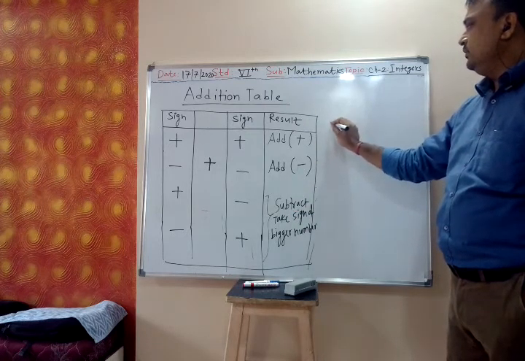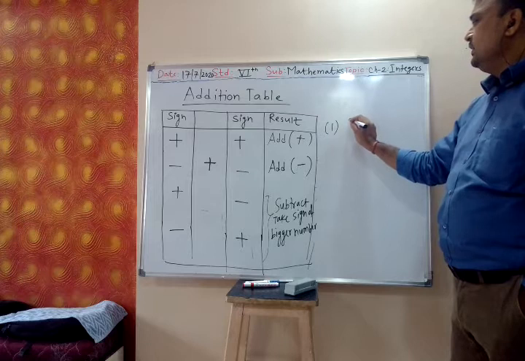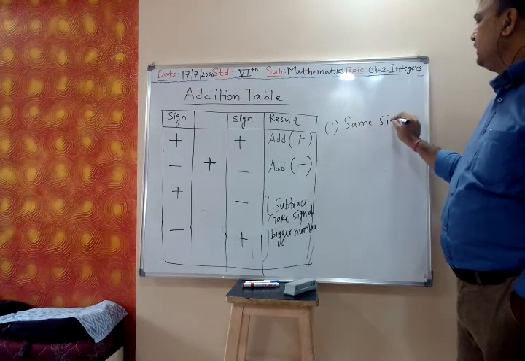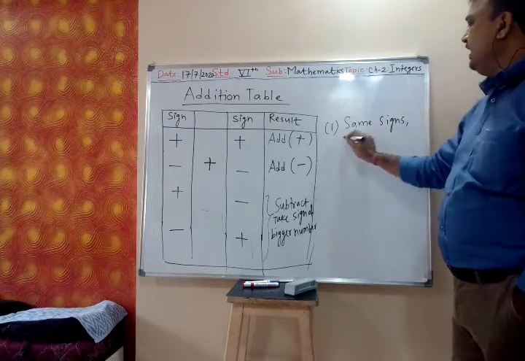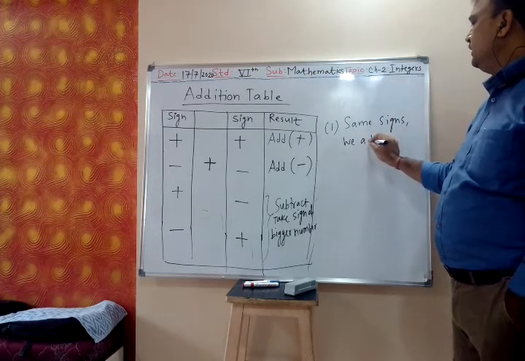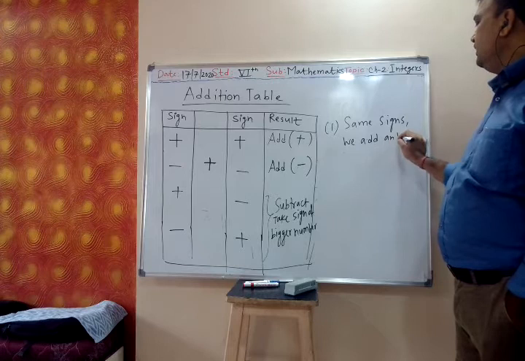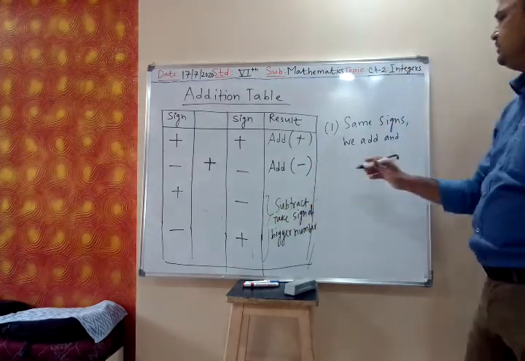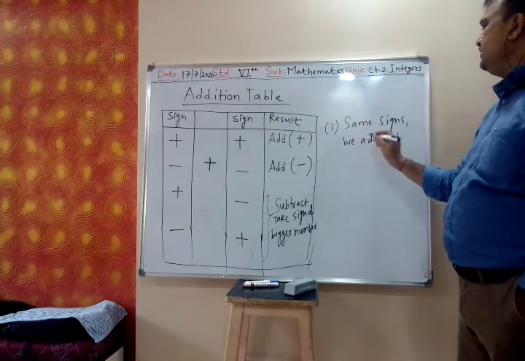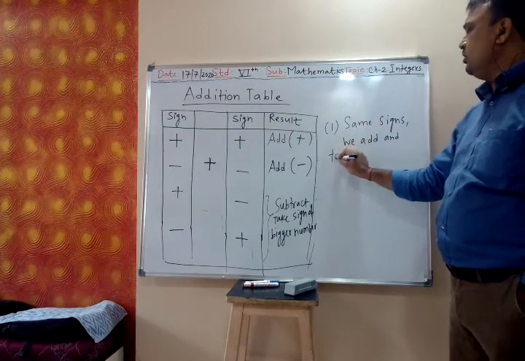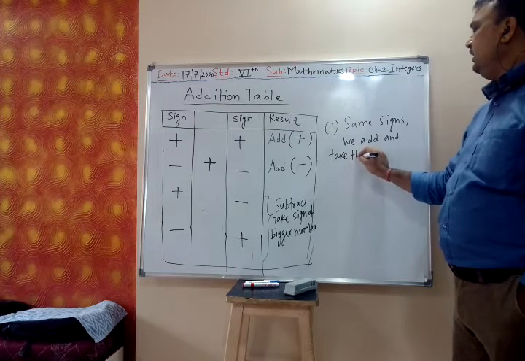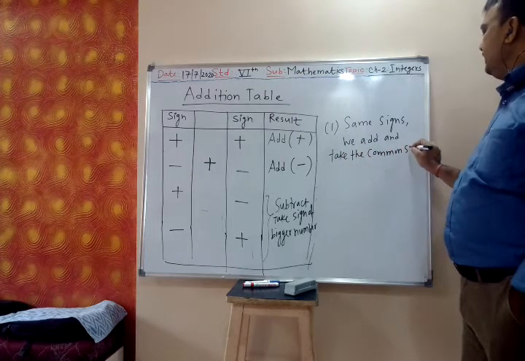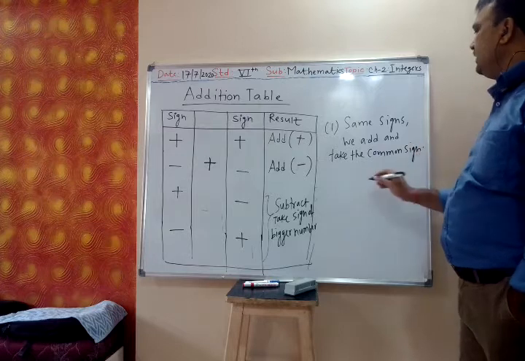Below this table we write the first point: same signs we add and take their common sign.